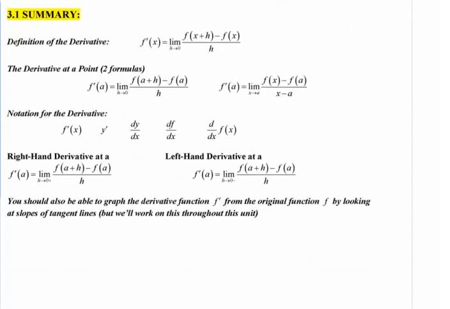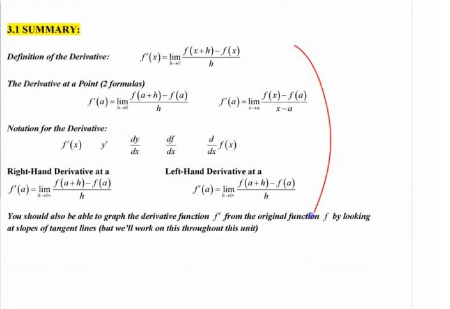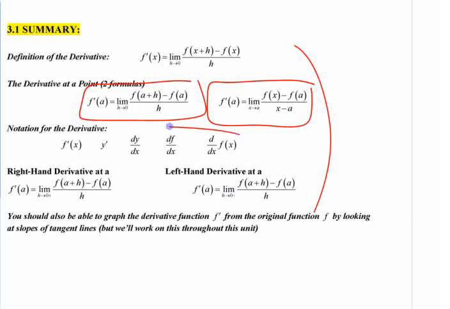That's it for that first section. I put some kind of a summary in here if you happen to like that kind of stuff. That's the definition of the derivative. Remember that when you're talking about a point, there was this alternate definition you could use. There was a bunch of different notation for the derivative, and the only difference for right and left hand is whether you're approaching from one side, the one-sided limit.